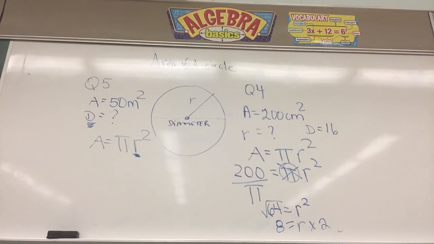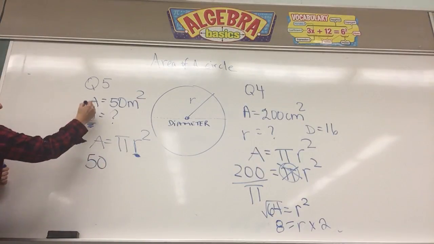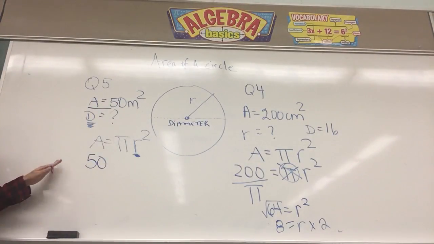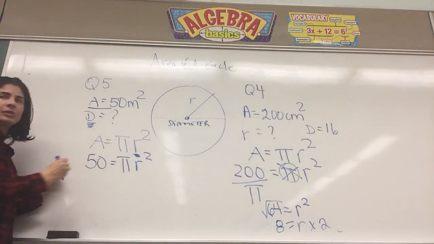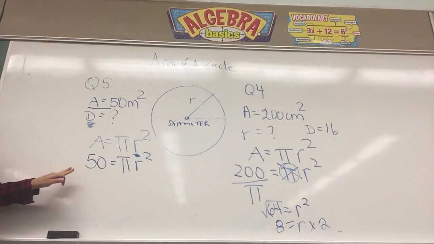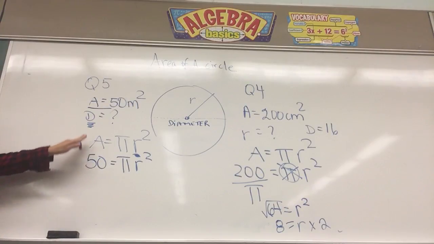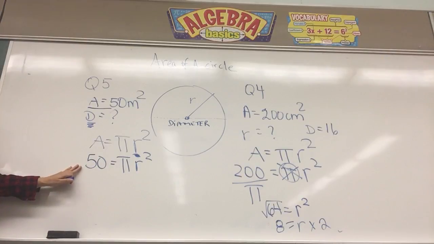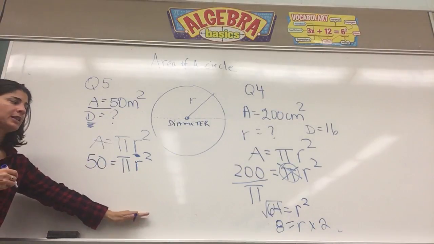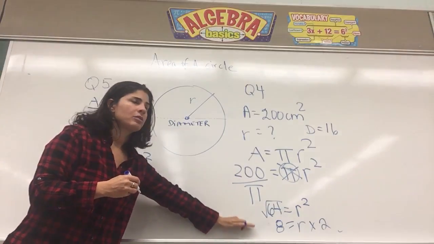Now, did you put 50, because that's what the A is? Did you do that? A equals pi r squared. Okay, so that's what happened, right? Because all I know so far is the A. Now I need to go down all the way till I get r, just like I did here.